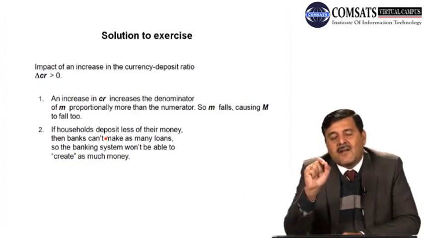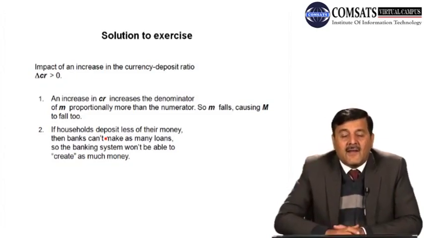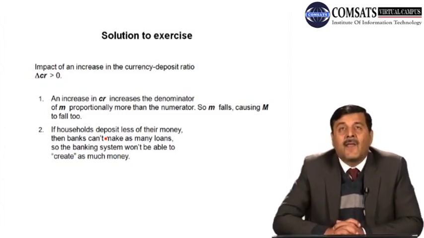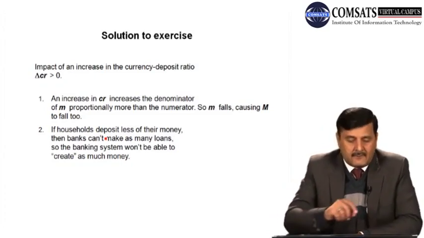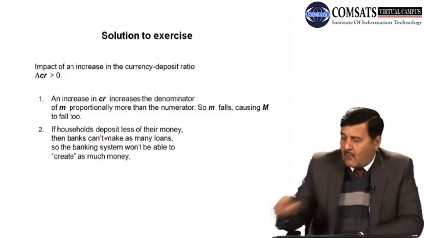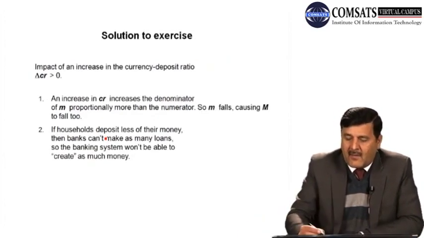Impact of increase in the currency deposit ratio, that is delta CR is positive. An increase in CR increases the denominator. अगर आप इक्वेशन देखें, इक्वेशन में क्या था? If we come back to the equation, m is equal to, m किस चीज के बराबर है?